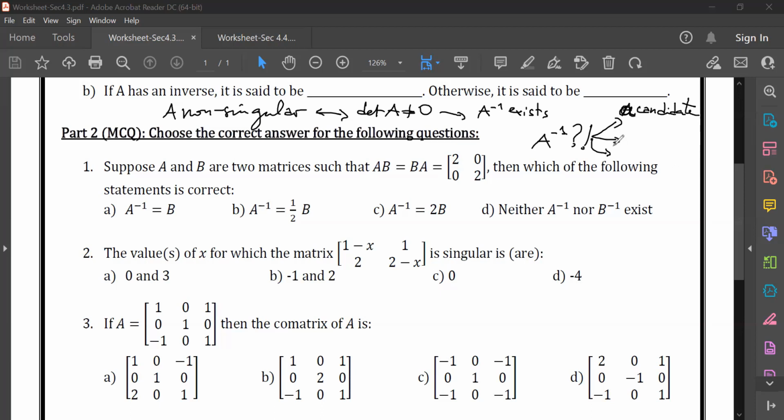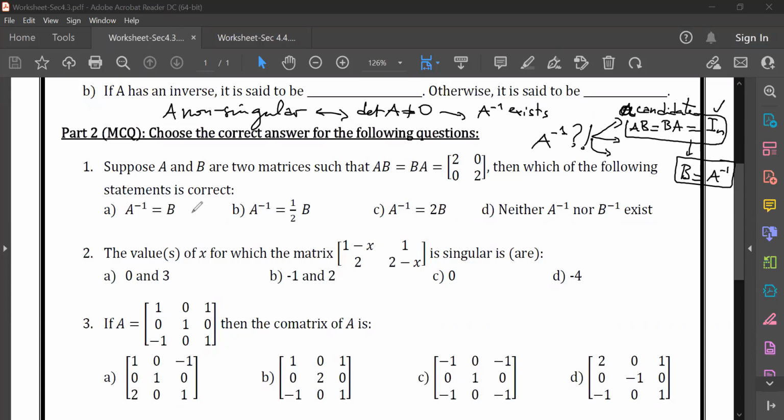A candidate which satisfies our requirement must satisfy that if we multiply it, A times B and B times A equals the identity. Okay, this is our requirement for the candidates for the inverse of the matrix. So in this case, we say that B is the inverse. The inverse is unique, and this is the inverse of this matrix.